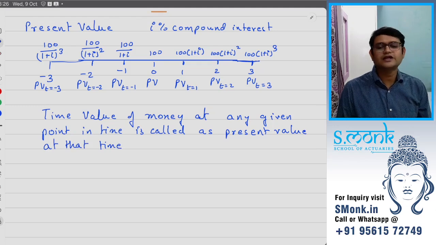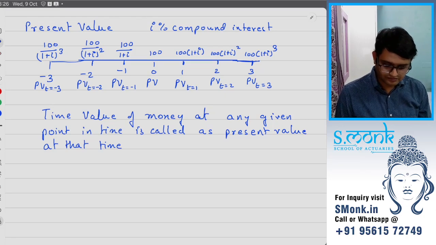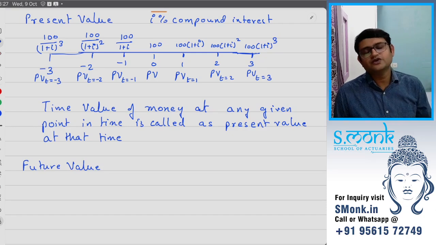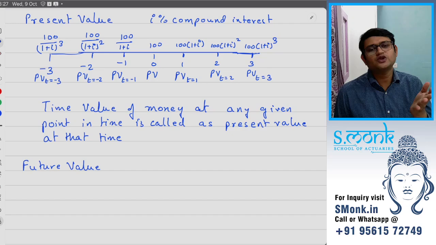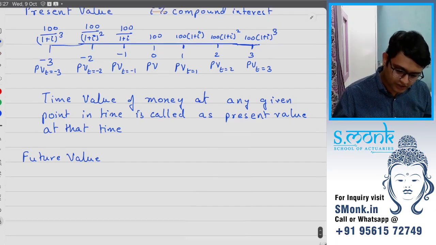Okay, so time value of money at any given point in time is called the present value at that time. Okay. The future value, there is no technical term as future value. We just use future value to represent any value in future, where present value is either today's value or value in the past.